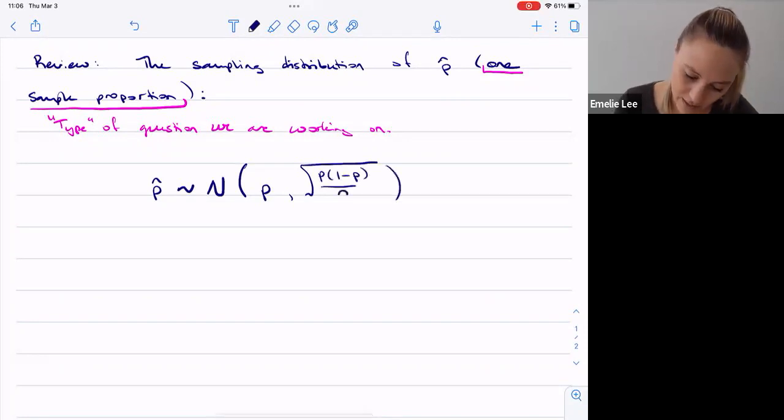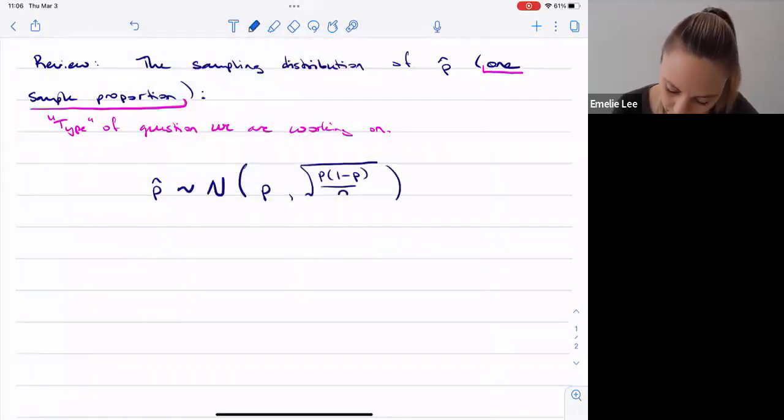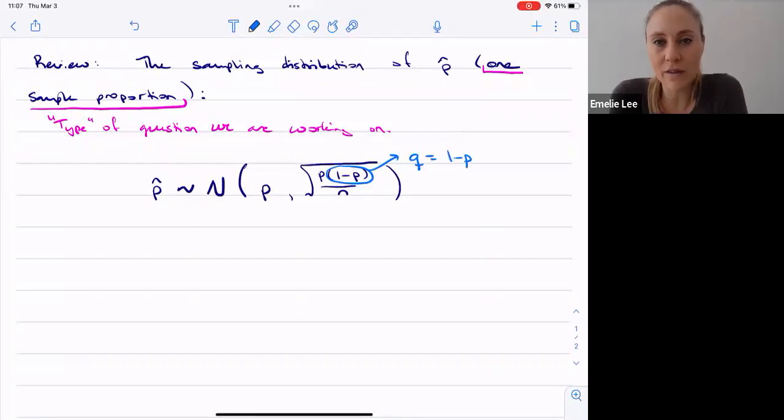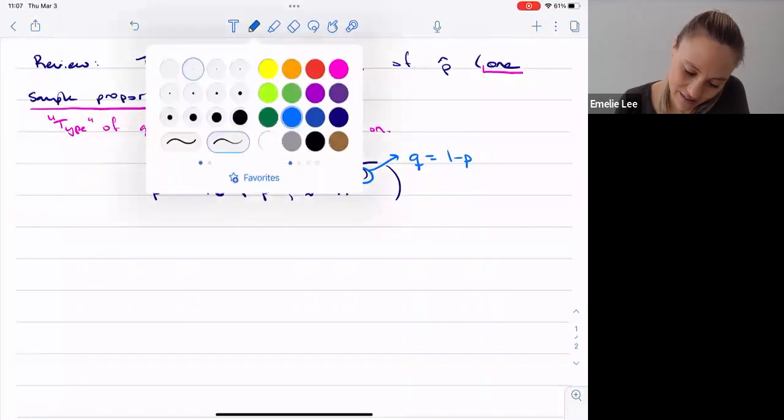Now, a couple of things that I want to point out here. Usually, instead of writing 1 minus p, I usually clean that up by writing q instead. Okay, so q equals 1 minus p. I just find that it looks a little bit cleaner to just write p and q instead of p and 1 minus p, but I mean, q is 1 minus p, so it doesn't matter as long as you're aware of what's going on, okay?